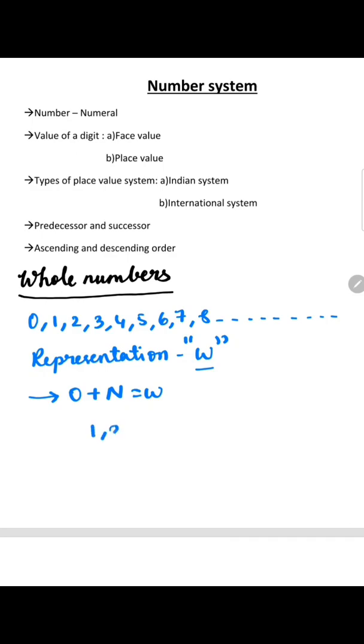So we have 1, 2, 3, 4, 5, and so on. These are all the natural numbers. When we add 0 to it, this becomes the set of whole numbers. Always remember that when 0 is added to natural numbers, it gives us whole numbers.